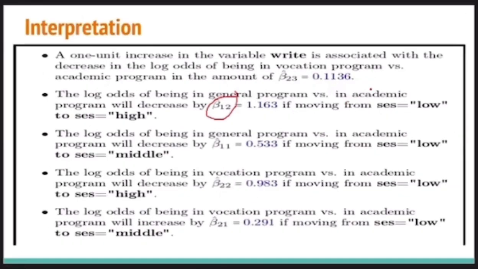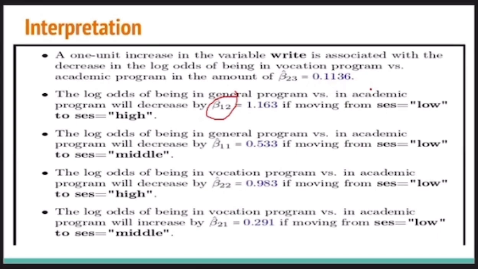Now you're going to see what I said. I said the log odds of being in the general program versus an academic program would decrease by that if moving from what? From the reference, the reference low socioeconomic class, right? Now moving from low to high.